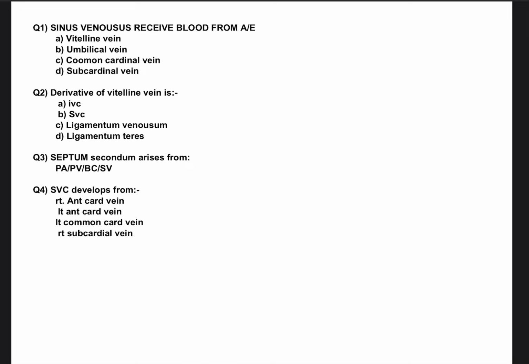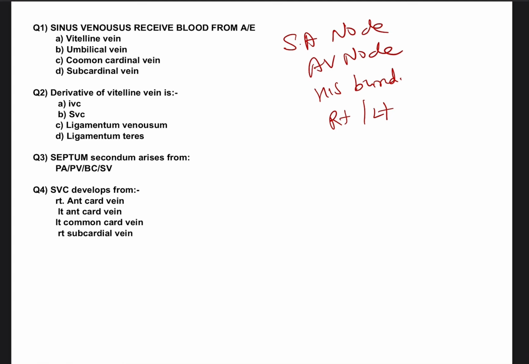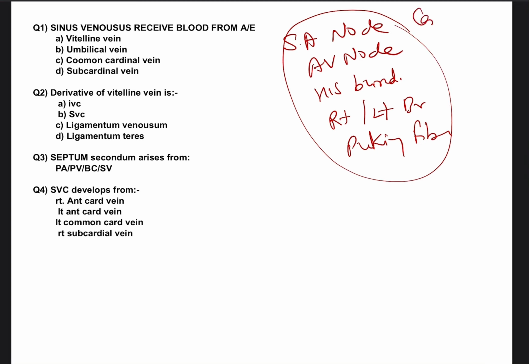One important concept I forgot: where do the SA node, AV node, bundle of His, right branch, left branch, and Purkinje fibers, the conduction system of the heart, develop from?